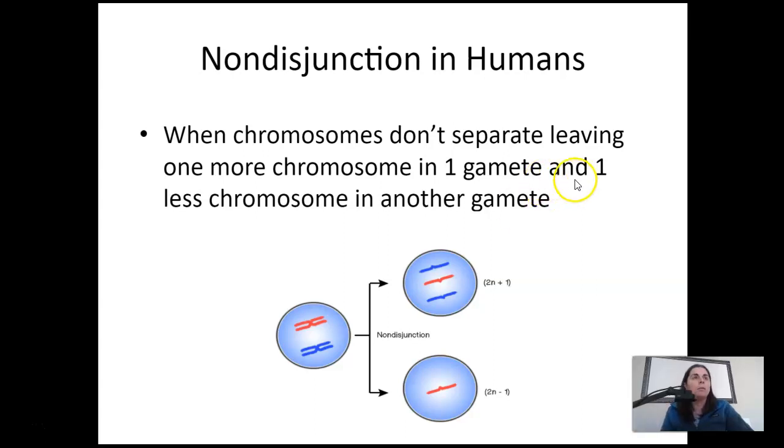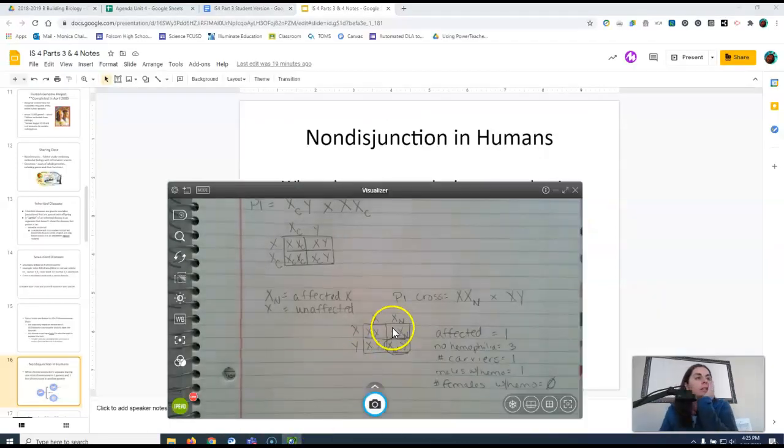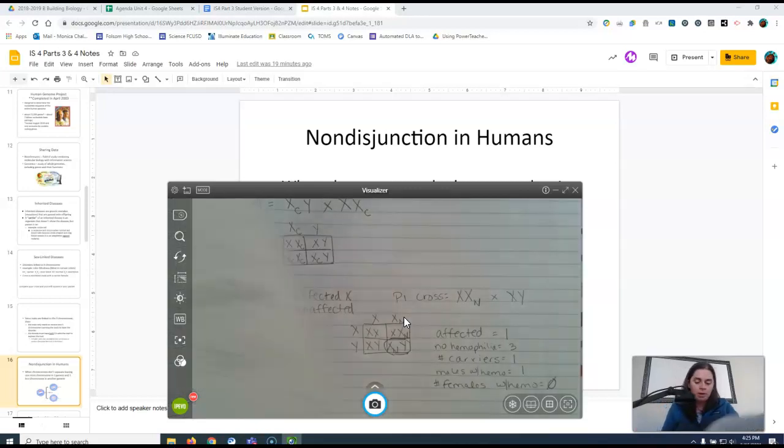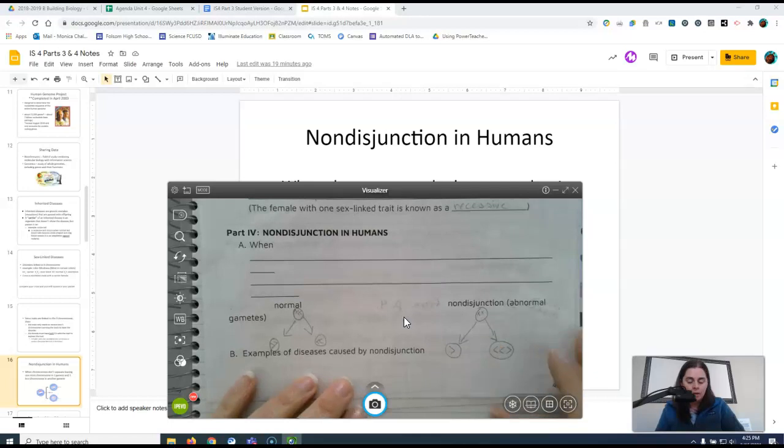So if you looked at this here, these are our gametes. Well, sometimes you are having them not separate out into the 2 different cells. So what we're going to write on our paper is you've got normal, okay, is right here.